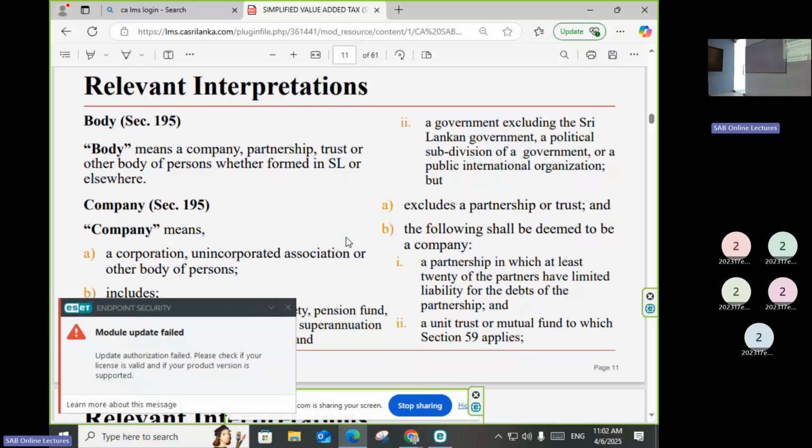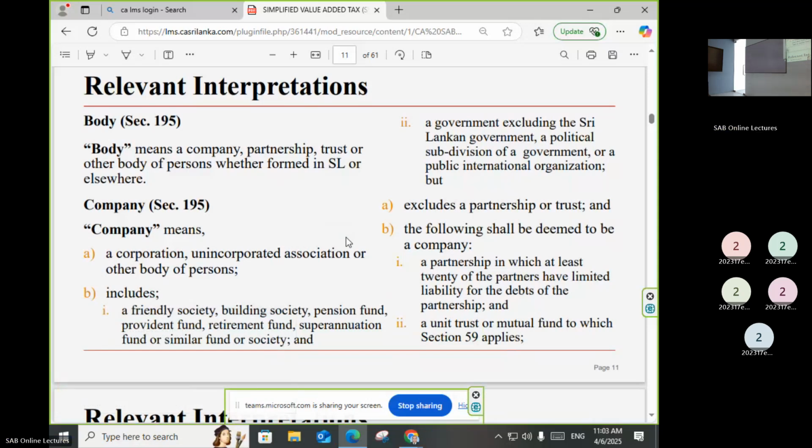It says a corporation, unincorporated association, or other body of persons is still coming under the company. It is not necessarily a company incorporated under the Companies Act.